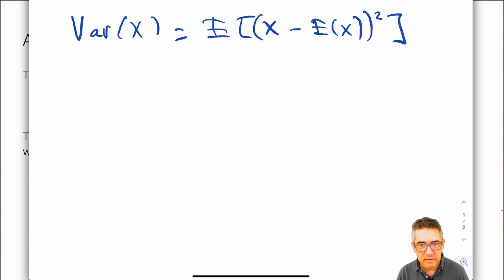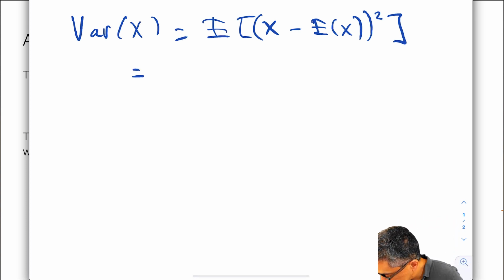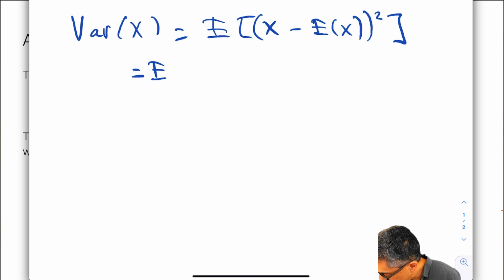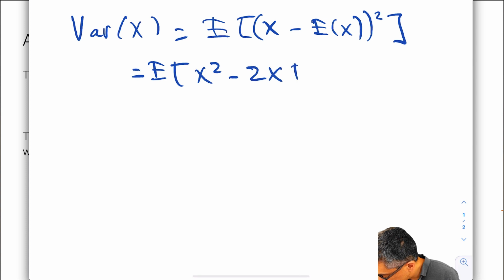That is the definition that we gave in words, and this is spelled out here. If we want to reorganize this equation, we can expand out the term in the parentheses. So this is x squared minus 2 times x times expectation of x plus expectation of x quantity squared.